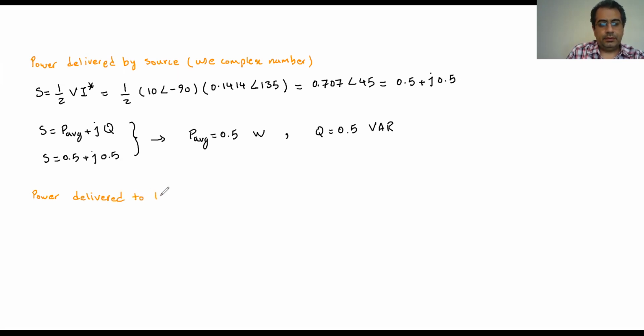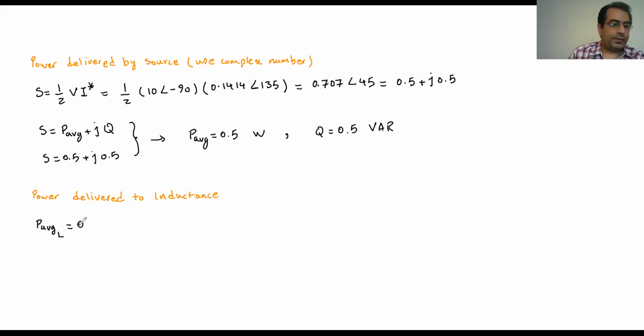We want to see how much that is. The P average for the L is going to be 0, so there's no average power provided to that.